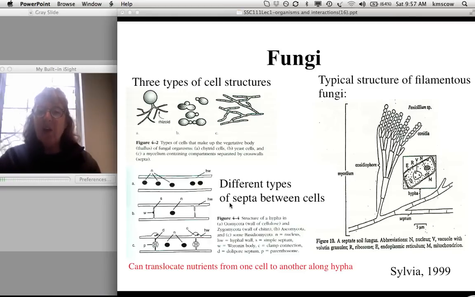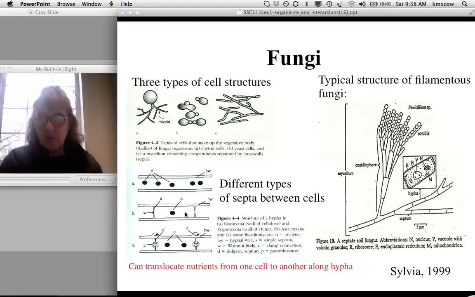So we also have these septa. So here's like a filament of a fungus, a hypha of a fungus, and there's different kinds of septa that are found that are breaking up these hyphal cells. So there's some that have no septa at all, they're aseptate, but there's also others that have these different kinds of structures.